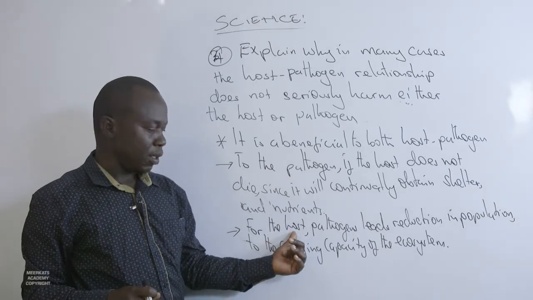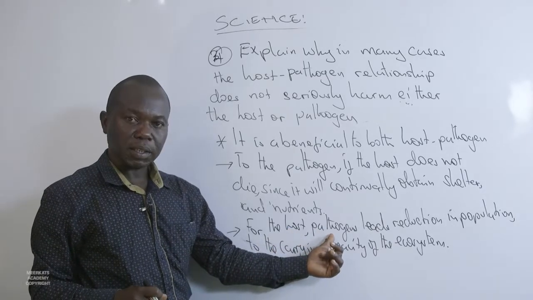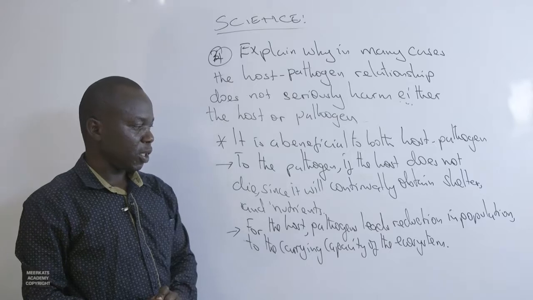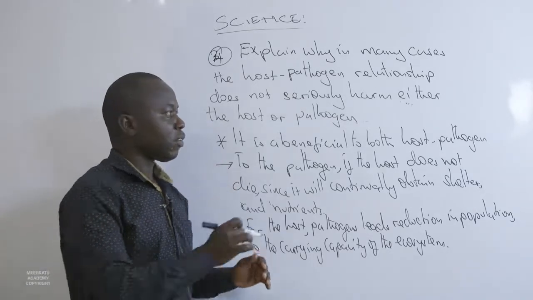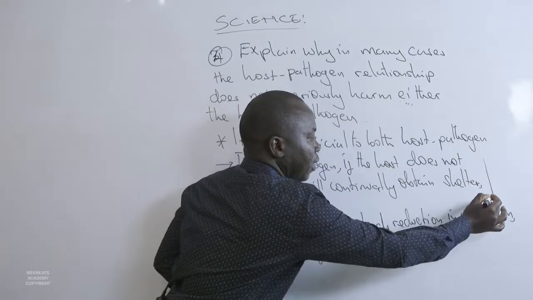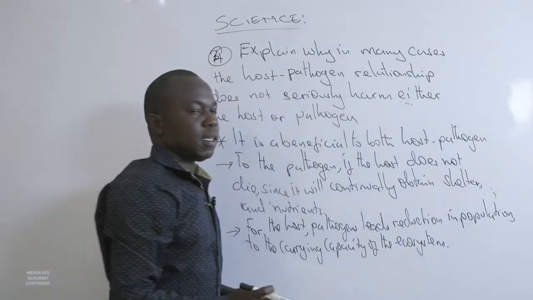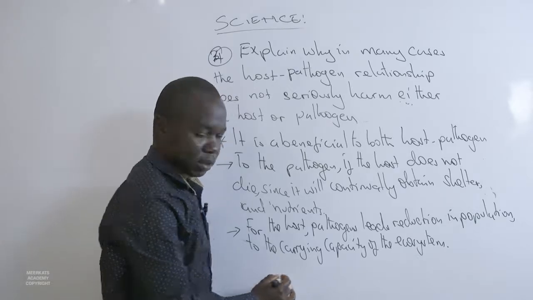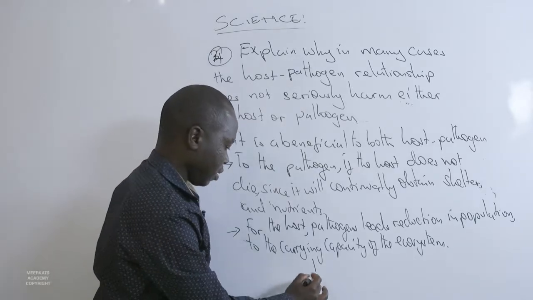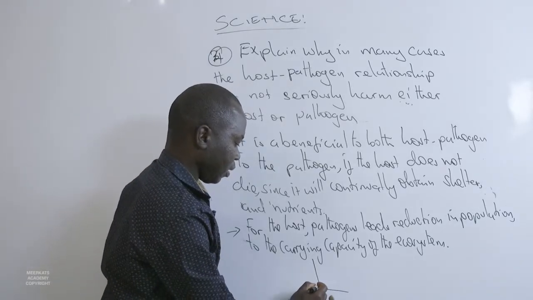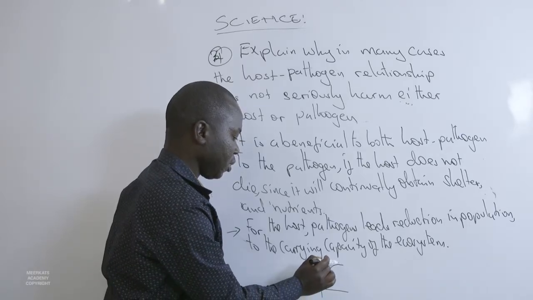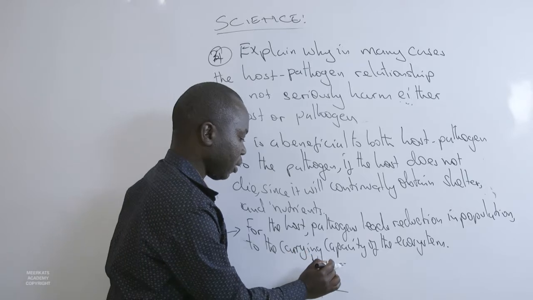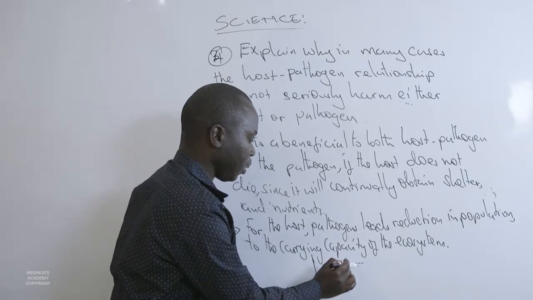That is where the pathogens come in, leading to a decrease in population, not too much, but just to the level where the ecosystem can continually support the population.